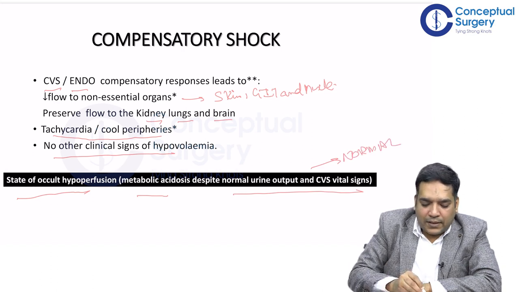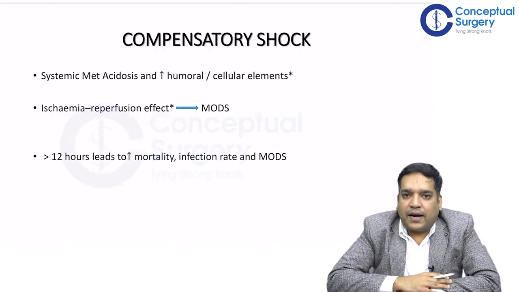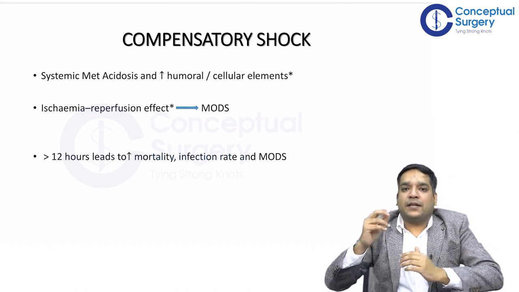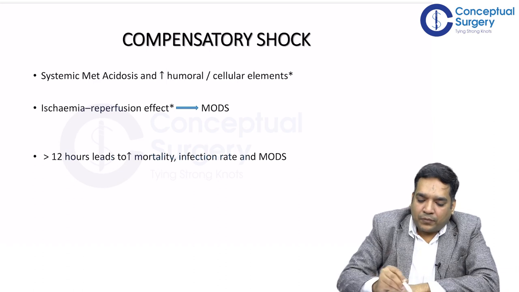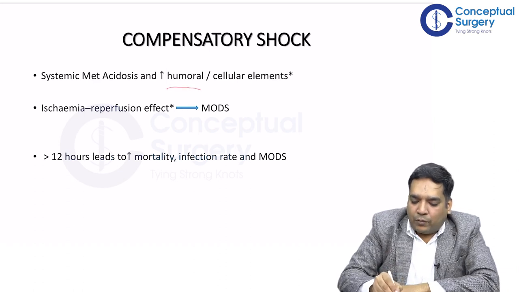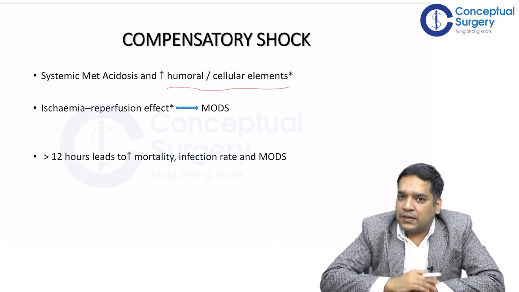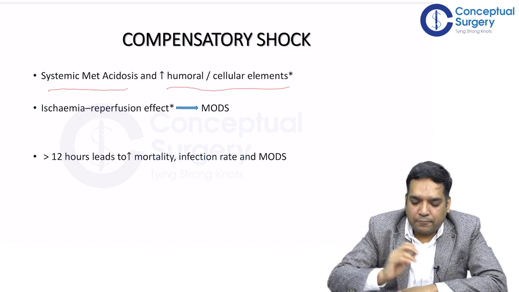So just remember that it is a state of occult hypoperfusion. It is seen that in compensatory shock, the organs in which there is less perfusion, that is skin, GI tract and muscle, there is an increased load of humoral and cellular elements, and because of release of lactic acid from these organs, this leads to systemic metabolic acidosis, right?